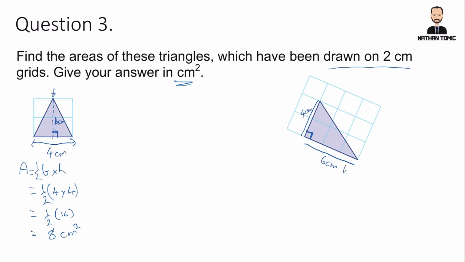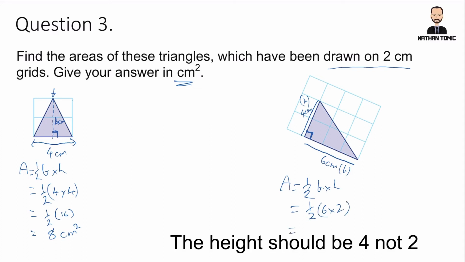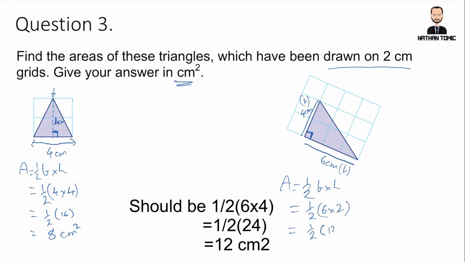All right, this is our base, this is our height. So again, area equals half of base times height, which is equal to half of 6 times 2, which is equal to half of 12, which of course is 6, and that is centimetres squared as well.